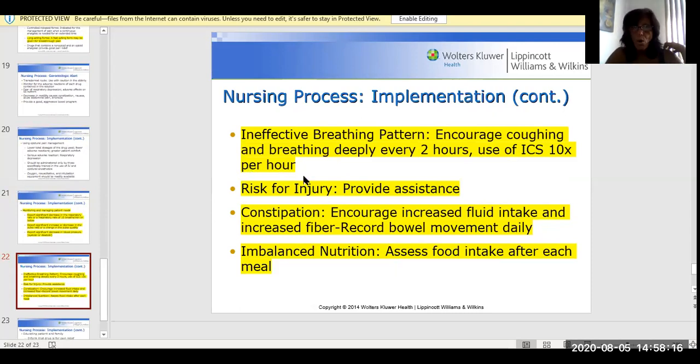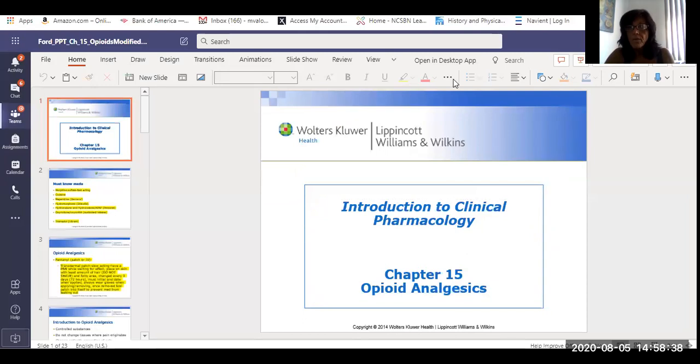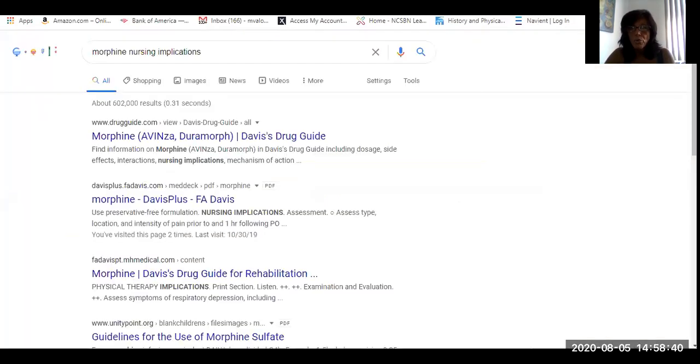So this part of it seemed to me to be pretty straightforward. If you were doing a medication template, let's say you're going to do morphine. Well, you watch my video and look at my PowerPoint, and now you know those are the things to focus on. So then you go to good old Google, and in the search bar, you're going to write in morphine, followed by nursing implications.